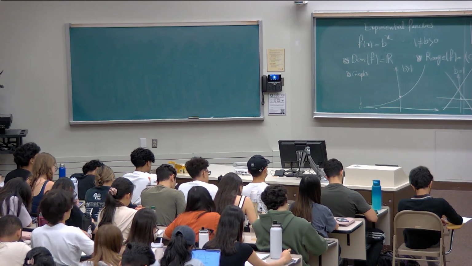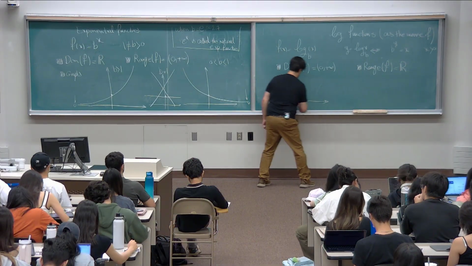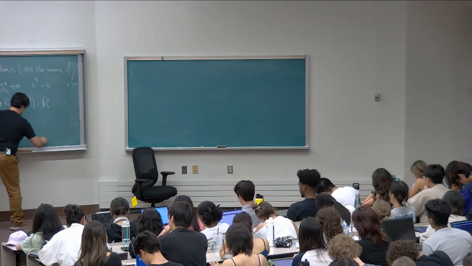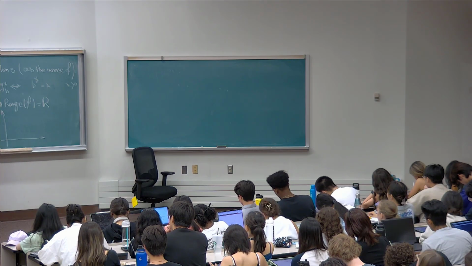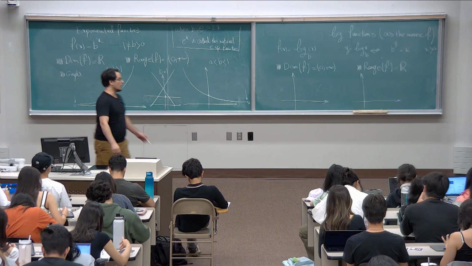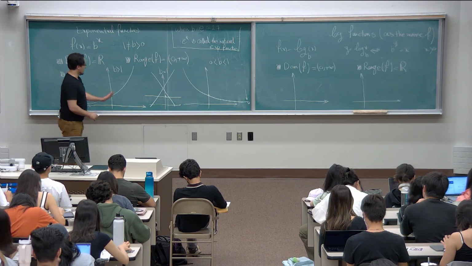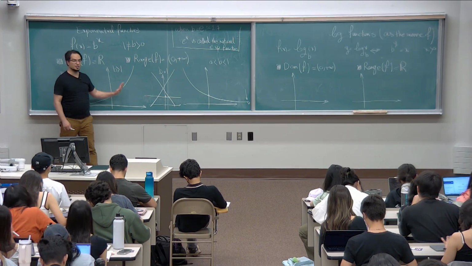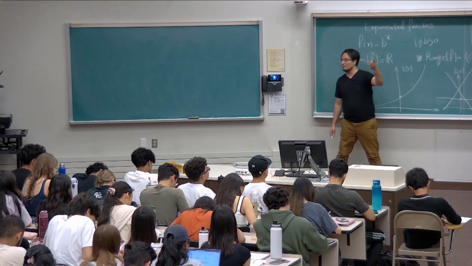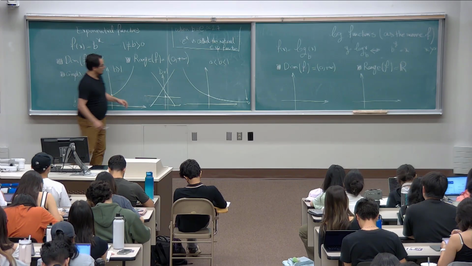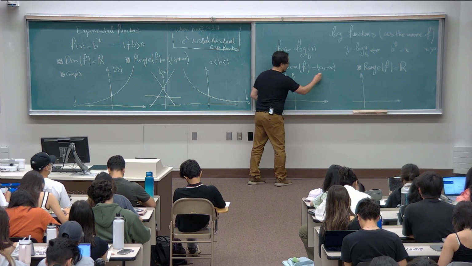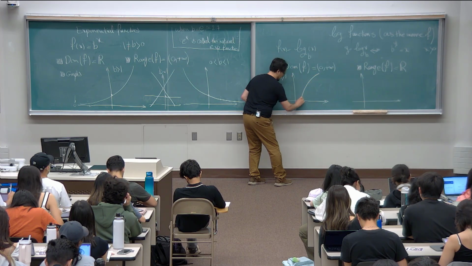Well, now we can draw the graphs of this function. The graph of an inverse function is the reflection of the function with respect to y equal to x. In other words, you flip x and y. For b bigger than 1, this is how it will work.